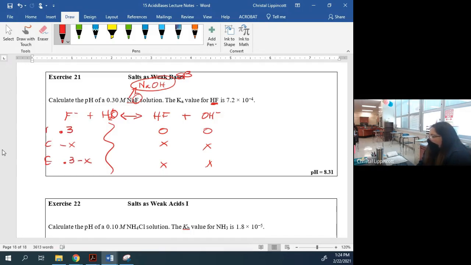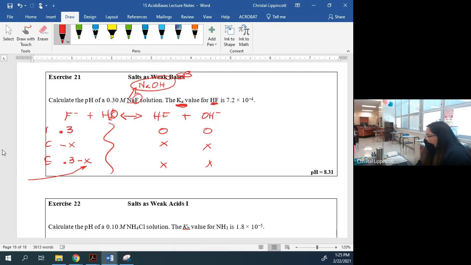Now, they gave us a Ka value, but we're dealing with OH. So when we're dealing in the land of OH, what does this need to be? You've got to switch it to Kb. Kb, right. So before we compare and before we figure out if we can ignore this X or not, we need to be in the right value to be able to compare that.